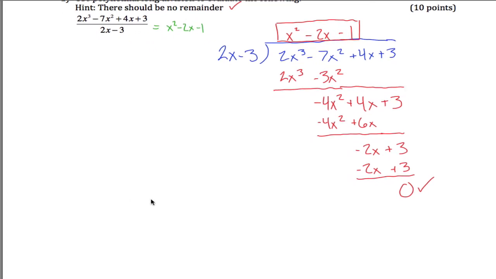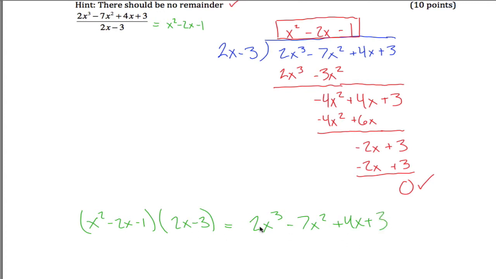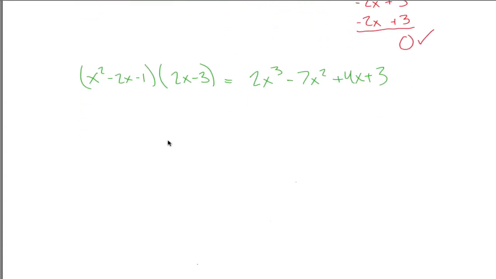So what I'm saying is we can check our answer down here by multiplying x squared minus 2x minus 1 and 2x minus 3. And if we do everything right, we should get 2x cubed minus 7x squared plus 4x plus 3.